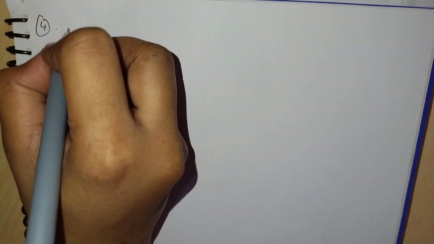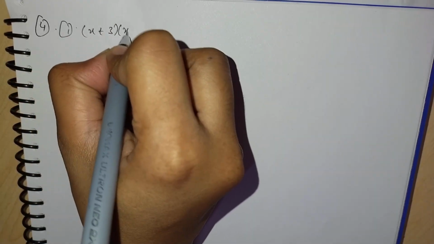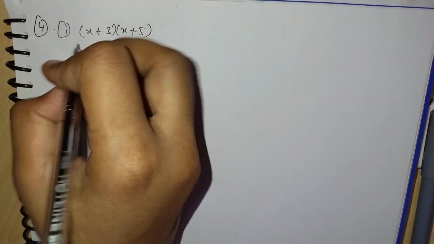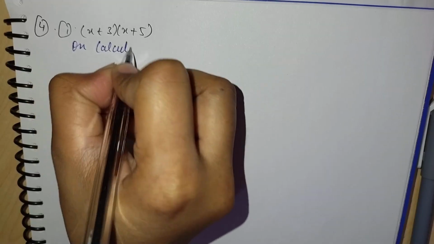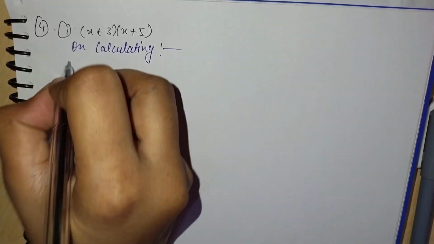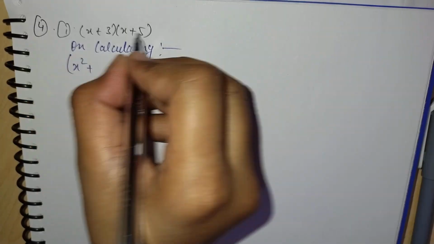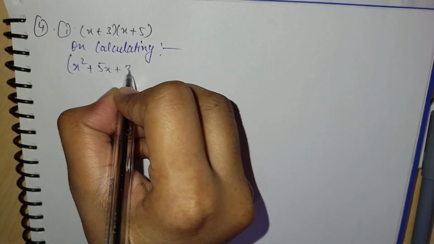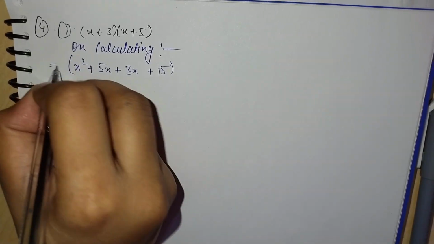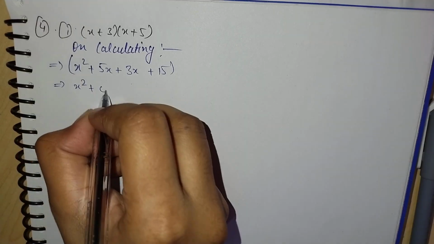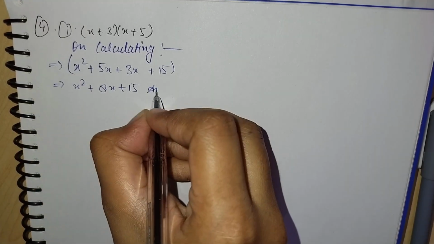Solving the fourth question, first part, we will get (x + 3)(x + 5). And calculating it, we will get x² + 5x + 3x + 15. So here x² + 8x + 15 is the answer in this question.